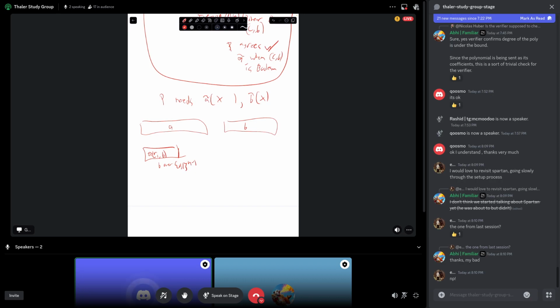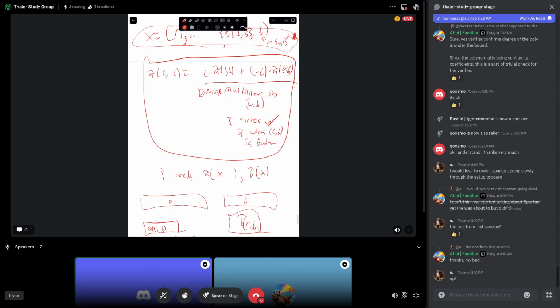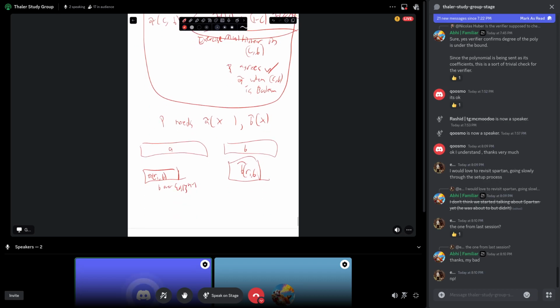It'll store b twiddle of R1 comma B as well. That's a vector of half the length. And this expression here tells you that a twiddle of R1 comma B is just R1 times a twiddle of 1 comma B, plus 1 minus R1 times a twiddle of 0 comma B.